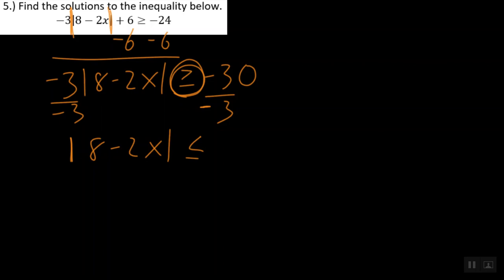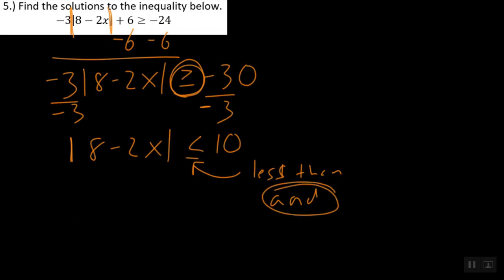-30 divided by -3 is 10. Now remember, for absolute value, you have to memorize what these symbols are, and this is our less than symbol, which really is our and statement. So I changed my +10 to a -10: -10 is less than or equal to 8 minus 2x is less than or equal to 10, and from here I just solve for x.